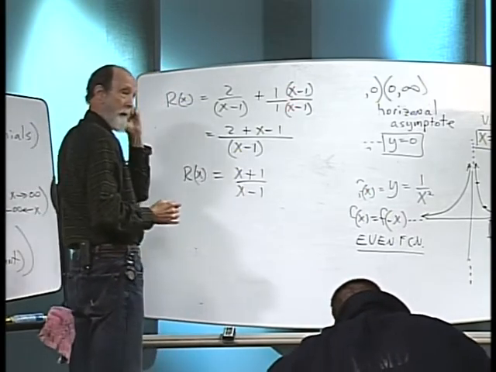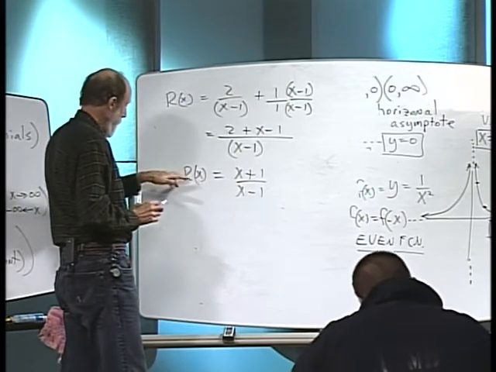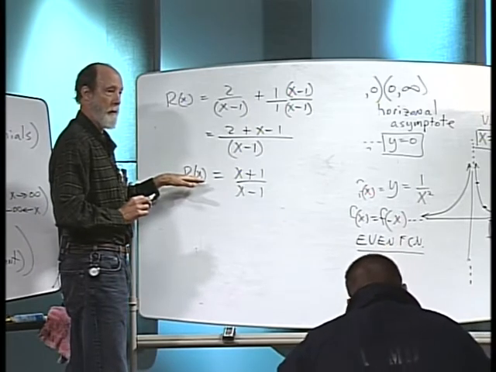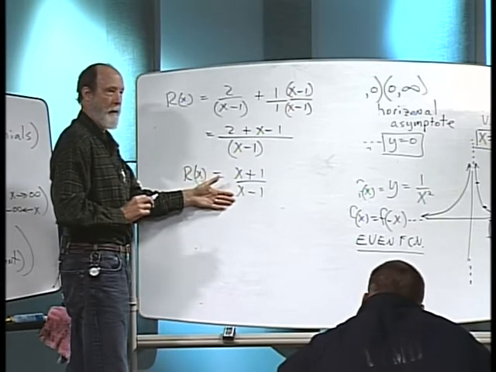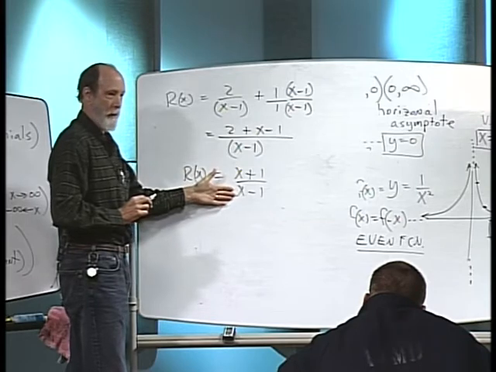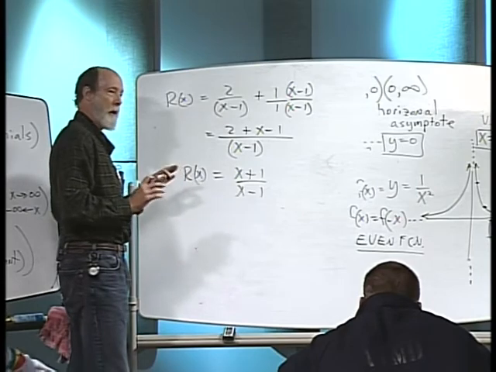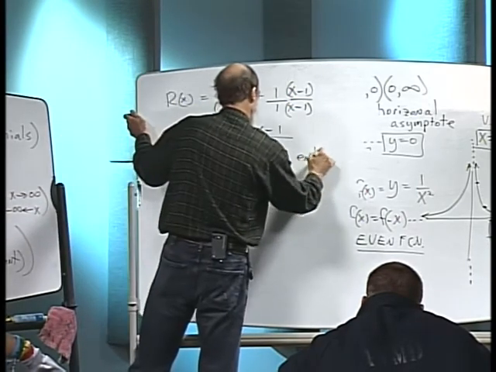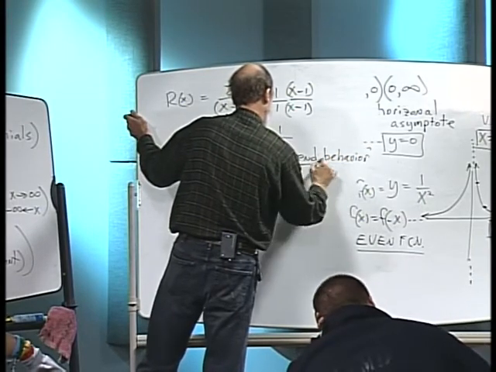Okay. This is the way oftentimes you will see a rational function presented, as a single ratio of two polynomials. In this case, we have a linear polynomial divided by a linear polynomial. Notice the end behavior, by looking at this original form.